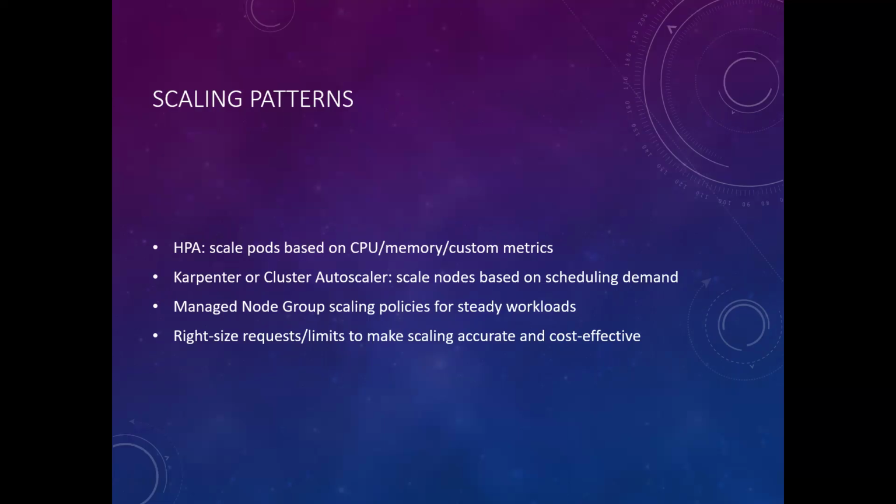We're going to see this in action, and it's so important for you to understand. Managed node groups, scaling policies for steady workloads, and right-sizing requests and limits to make scaling accurate and cost effective. Very, very important.